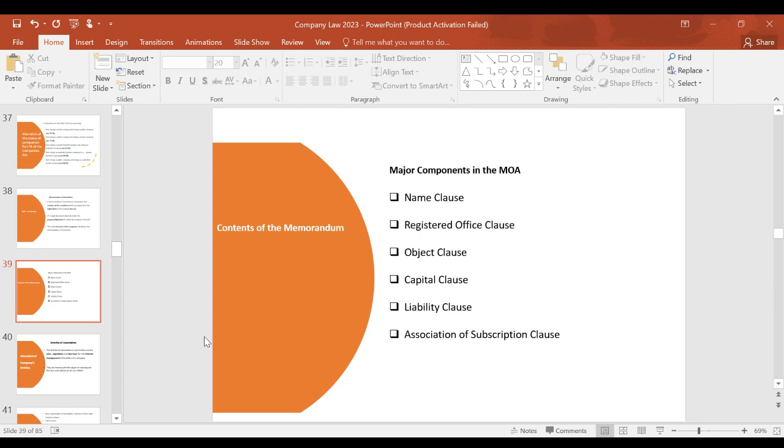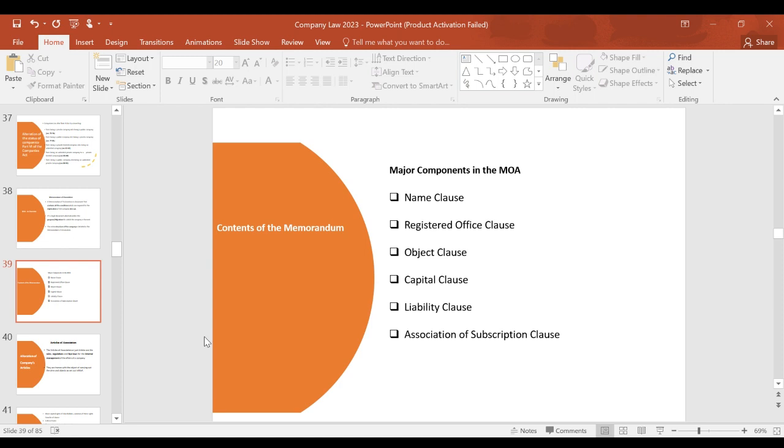In addition to this, the liability of members, remember we talked about this yesterday, will also be important to be included as one of the clauses, whether the company is an unlimited liability company or limited liability company. It will also be included.